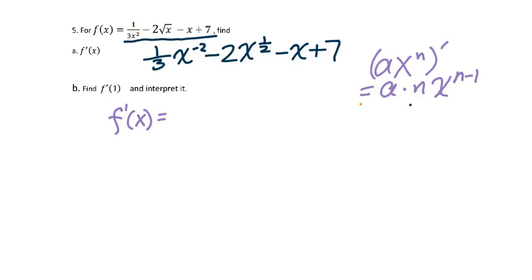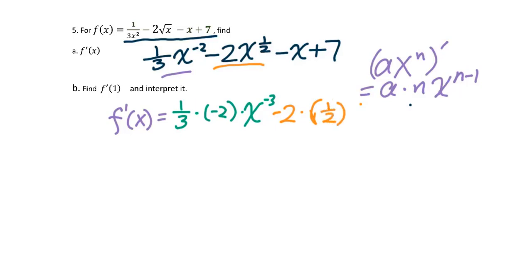So the first term, you will get the 1 over 3. Drop down the exponent, that's negative 2 times x, we do negative 2 minus 1 is negative 3. Then for second term, you will get negative 2 times 1/2. Then x, we do 1/2 minus 1, we do 1/2 minus 2 over 2.